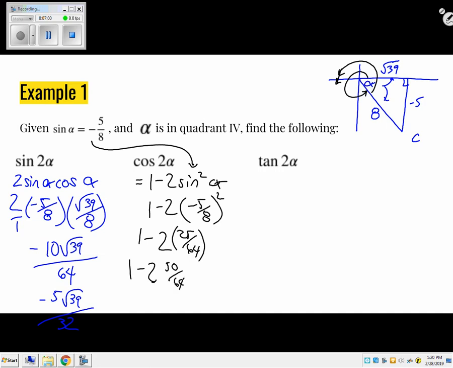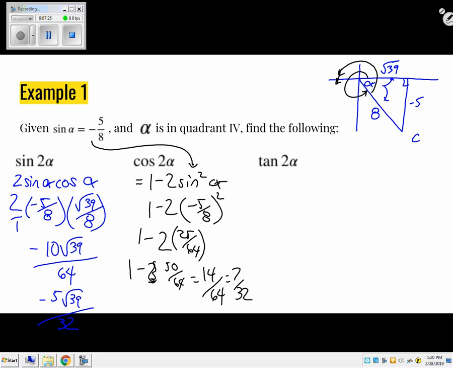The 2 is not there anymore. So this is just 64 over 64 minus 50 over 64, which is 14 over 64, 7 over 32. Awesome. That's it. That one was nicer, wasn't it?